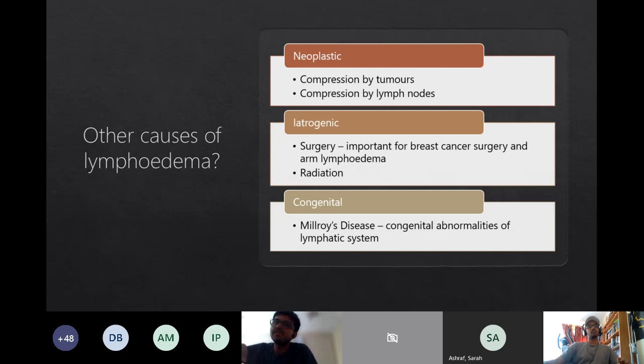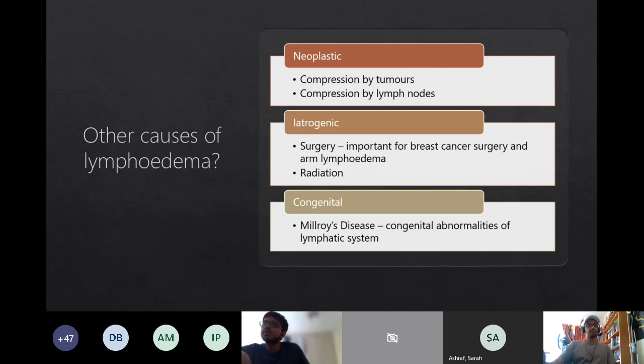I don't know if there's an actual definition. Not that I can remember, but I can have a look right now. Localized swelling of the body caused by abnormal accumulation of lymph. Which isn't great, but it's kind of in the name. Yeah, it's fluid in the extracellular space effectively.